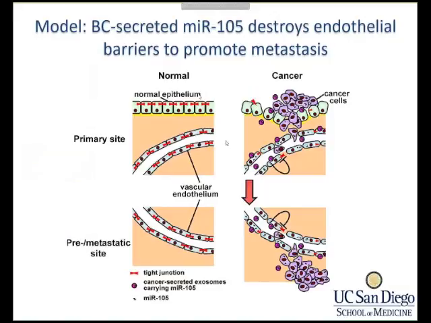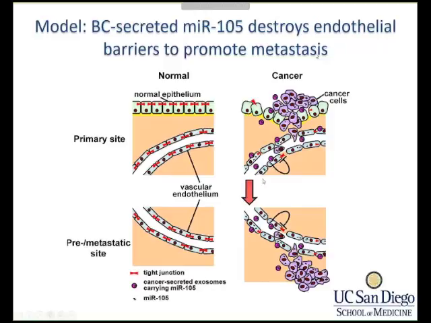Because for cancer cells arising from the luminal area to migrate all the way to the blood vessel and get disseminated throughout the body, they first need to cross both epithelial and endothelial barriers to arrive to the blood.